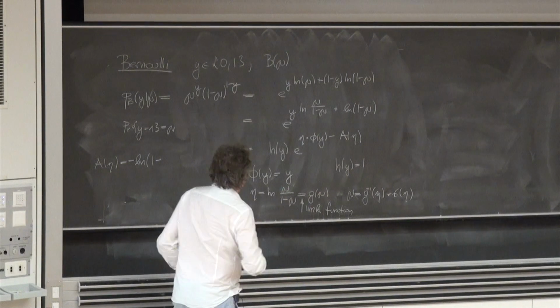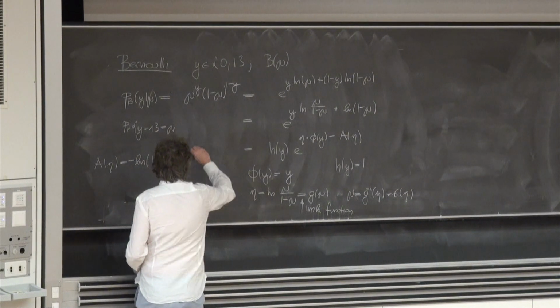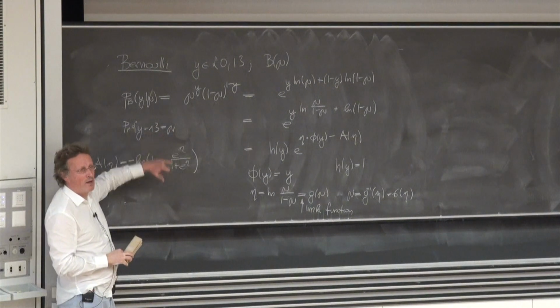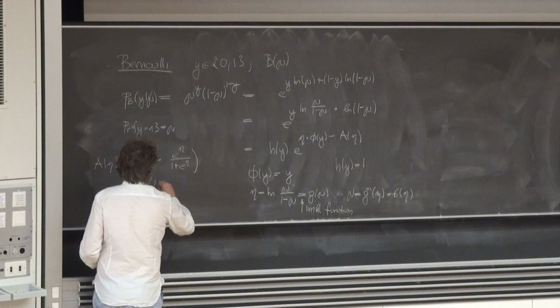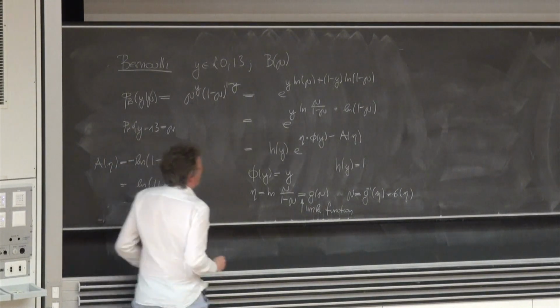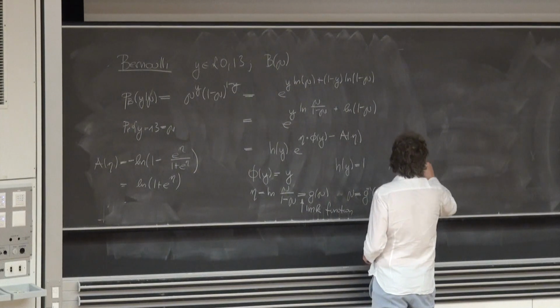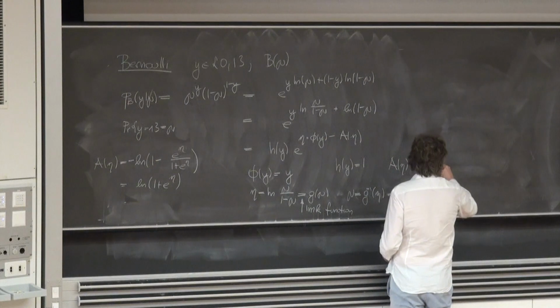And so now for the mu, we said this is e to the eta over 1 plus e to the eta, right? And so, of course, the top will just cancel. I have 1 over, right? And so this whole thing is just ln of 1 plus e to the eta. So it means we have a of eta is the log of 1 plus e to the eta.